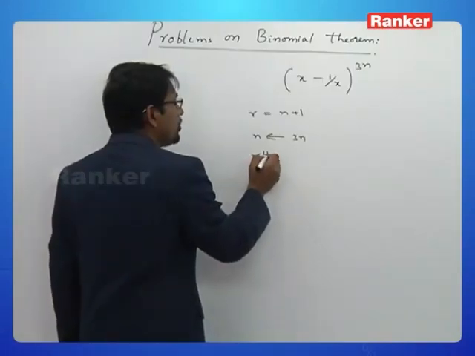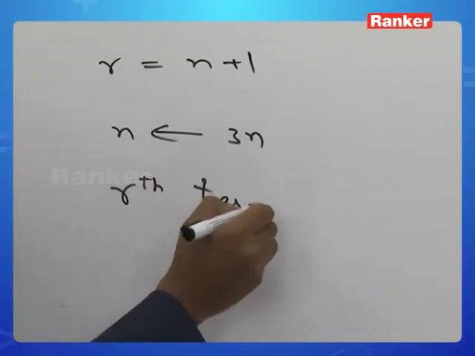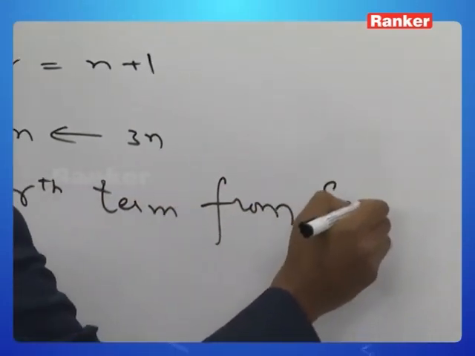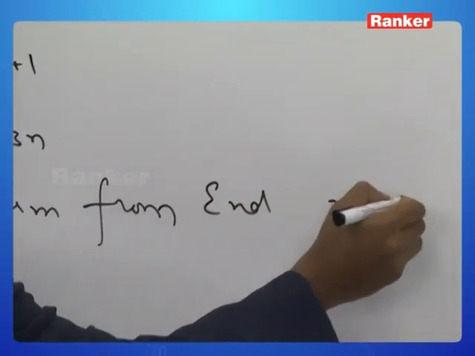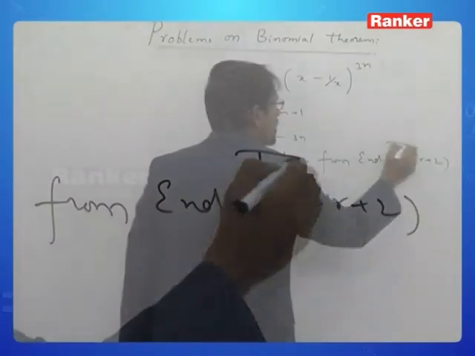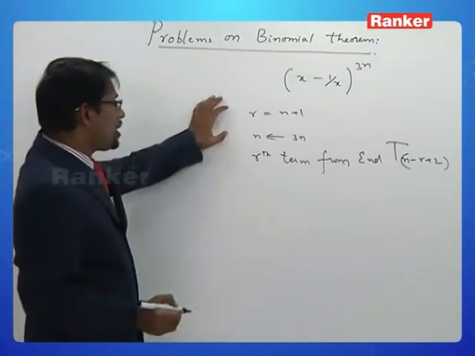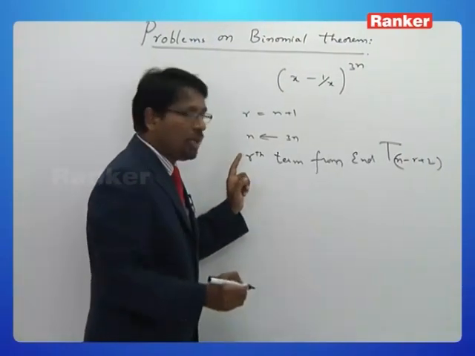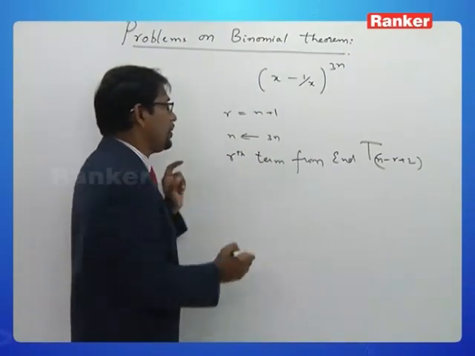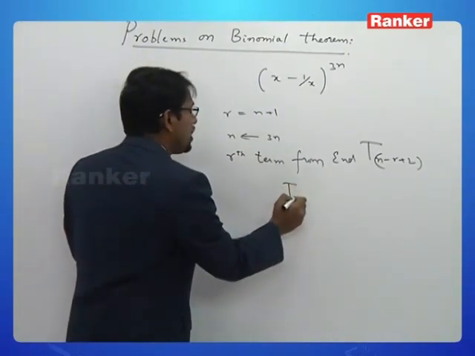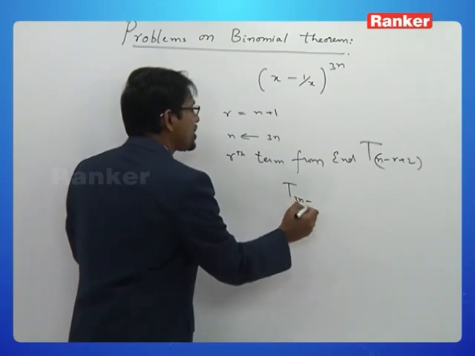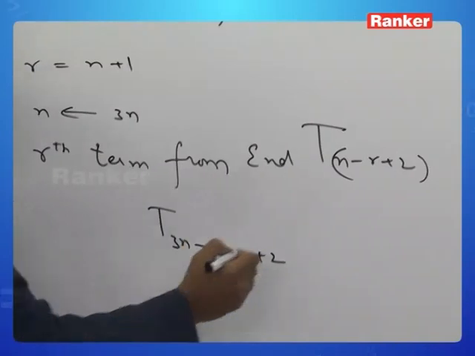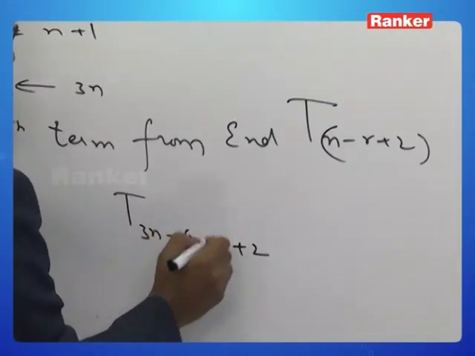Now rth term from end we know is t of n minus r plus 2. So in place of r we have n plus 1 and in place of n we have 3n. So that makes it t of 3n minus (n plus 1) plus 2.